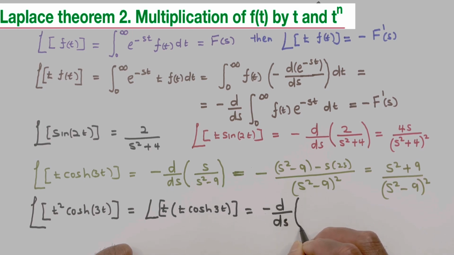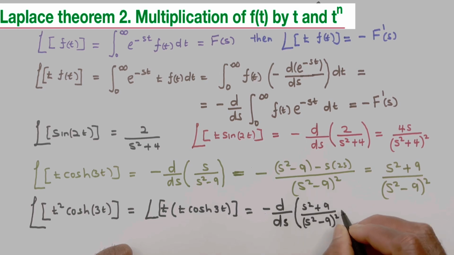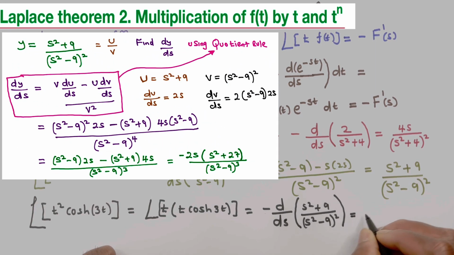We know what the differential of t cos 3t is: s squared plus 9 over s squared minus 9 all squared. We're going to differentiate that using the quotient rule again, as I've done in the top left. That will give minus 2s, s squared plus 27 over s squared minus 9 all cubed. Multiply the minus by the minus in the differential, you get a plus.